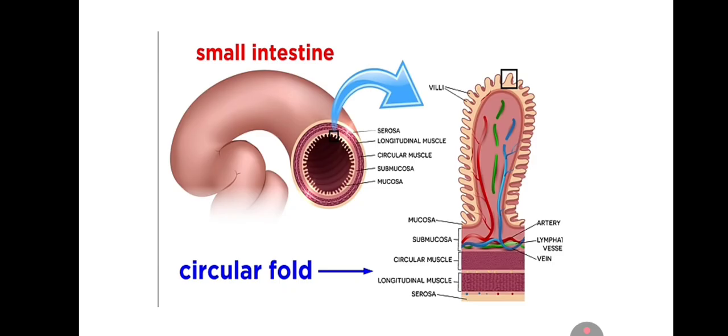First part is the duodenum, then the jejunum and the ileum. The duodenum contains the hepatopancreatic ampulla, which is where the bile duct delivers the bile from the liver, and the main pancreatic duct delivers the pancreatic juice from the pancreas and they join and merge with the small intestine.